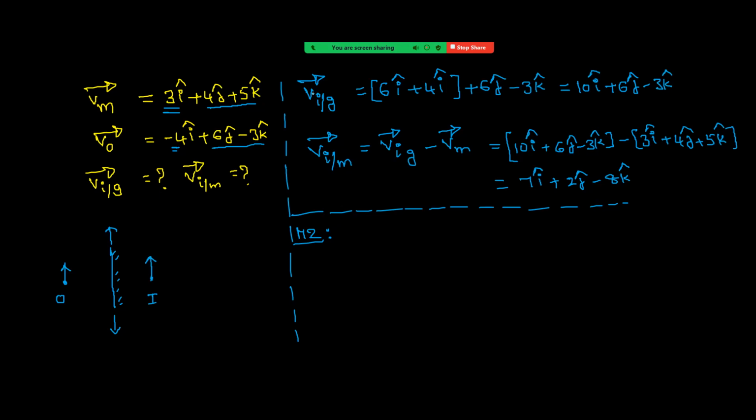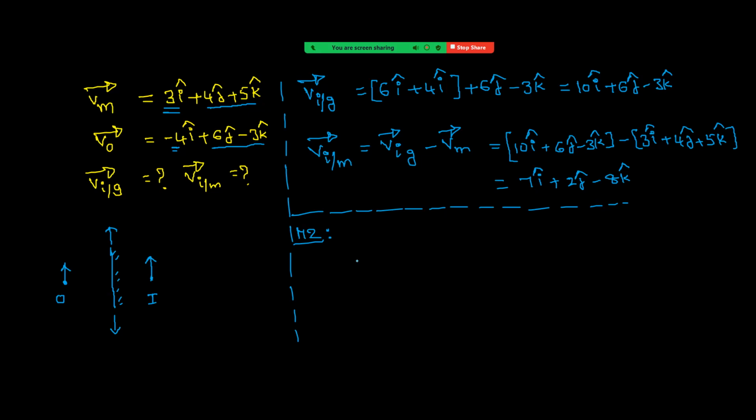Now what I am saying is, in this method, first we calculate velocity of image with respect to mirror. Then we calculate velocity of image in ground frame.